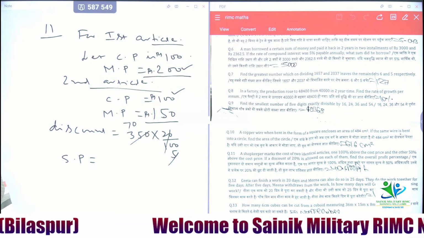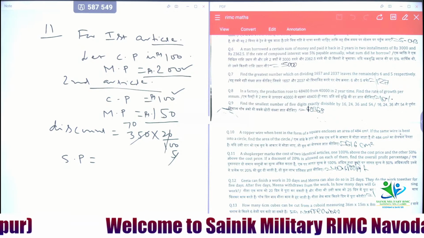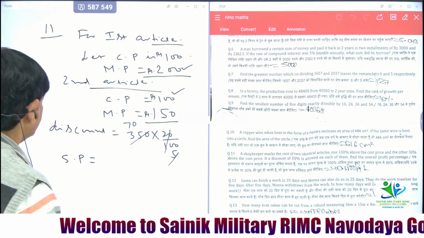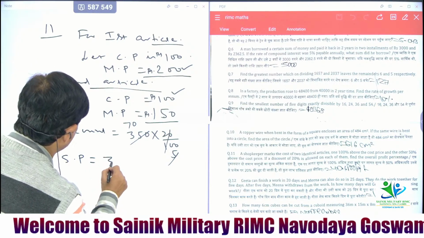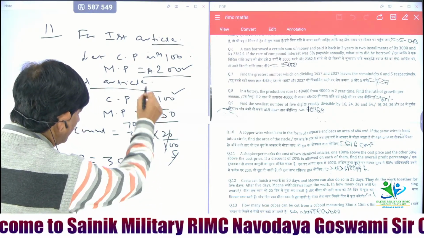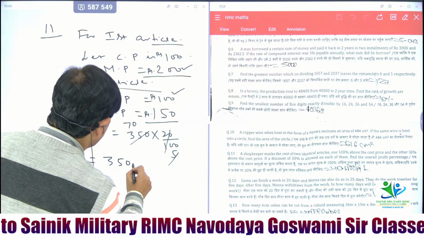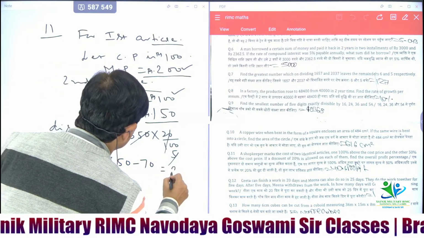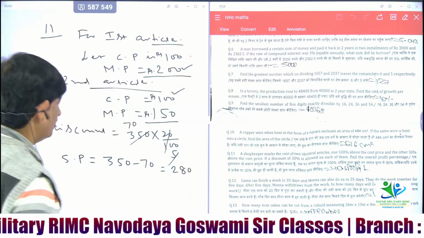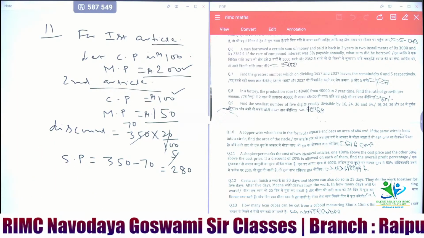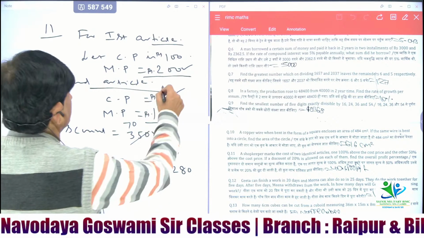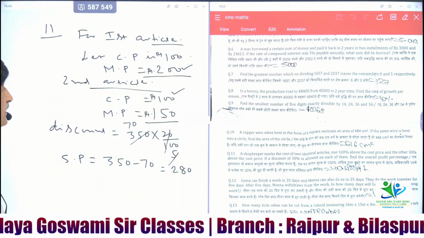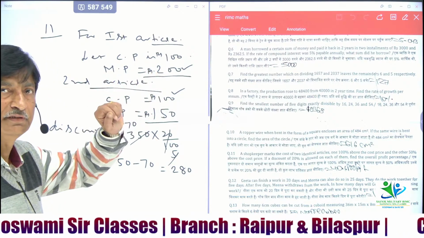For finding the profit or loss, you have to find the SP. SP is equal to 350 is the marked price, total marked price of both the article, minus 70, that means 280 rupees. Selling price is 280 rupees. And here CP is 100 and 100, that is 200.